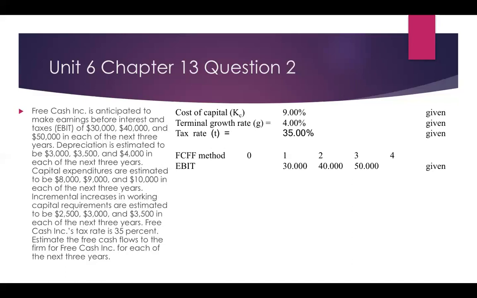We know that the cost of capital, K, is 9%. The terminal growth rate is 4%. The tax rate is 35%. And we also know the EBIT for each of the next 3 years for Free Cash Inc.